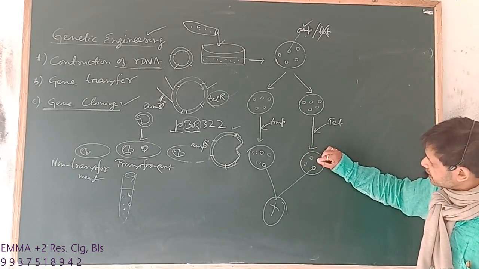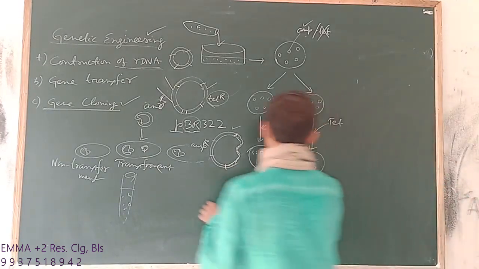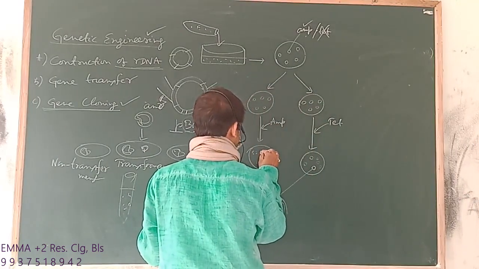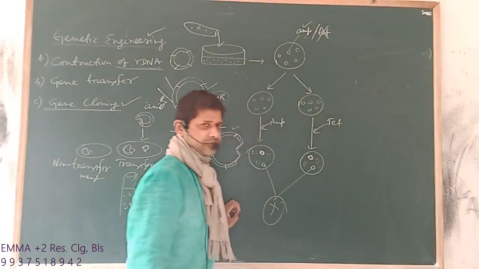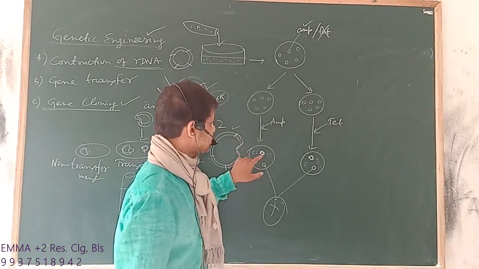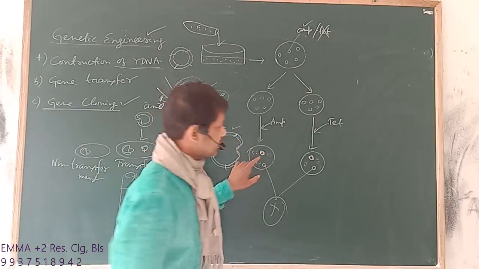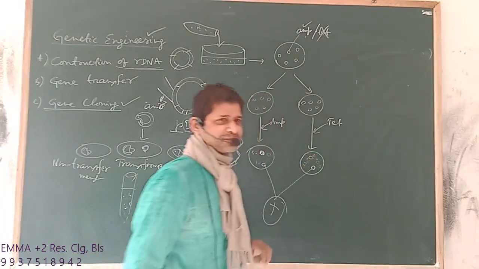Others will also die. Faint line here. The recombinant, the transformed bacteria will survive in ampicillin resistant medium but cannot survive in tetracycline resistant.